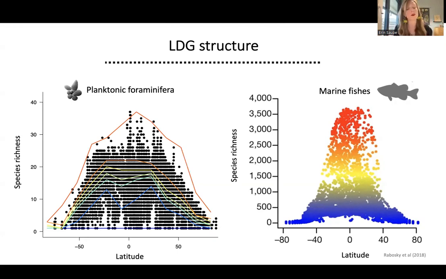We see this pattern replicated on land as well, in birds and amphibians. Even at low latitudes, you can have areas in the tropics that are very depopulated in species. So it's really the upper tails of the distribution that define latitudinal diversity gradients. I think it's important to keep in mind that diversity varies a lot, both latitudinally, but also longitudinally.